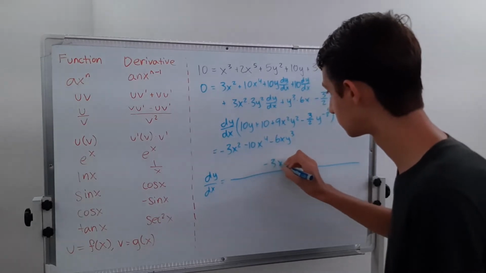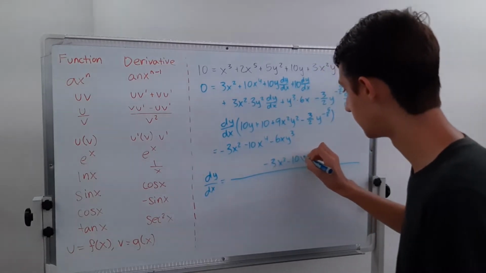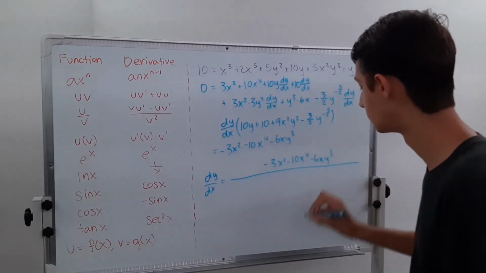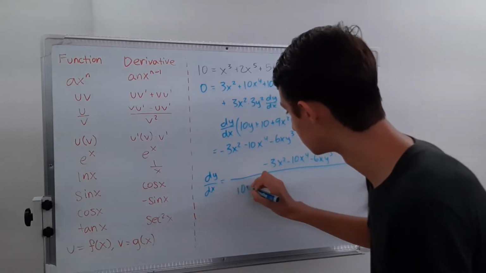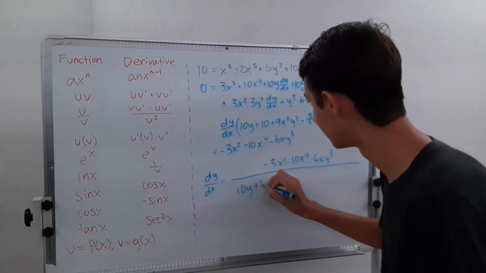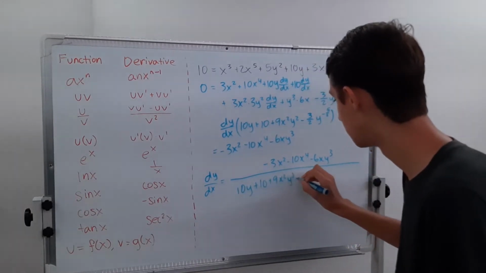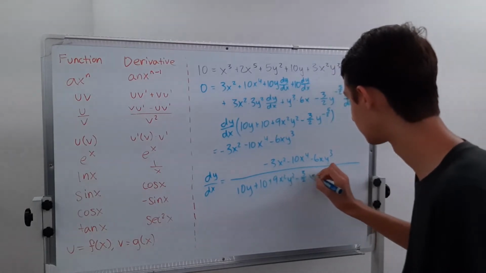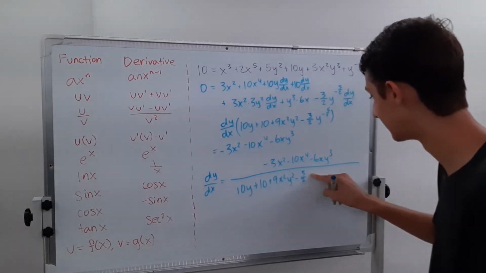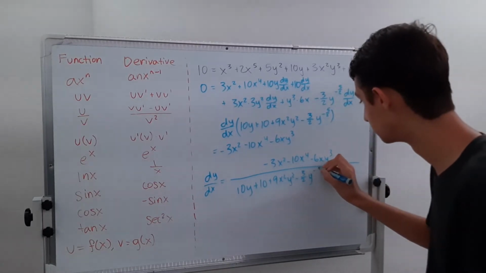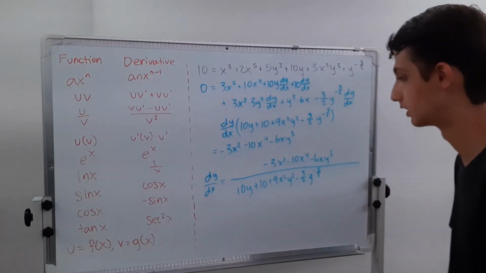Negative 3x squared minus 10x to the 4 minus 6xy cubed divided by 10y plus 10 plus 9x squared y squared minus 3 halves y to the negative 5 halves. This is a lot, but you may need to know how to do this. And that's it.